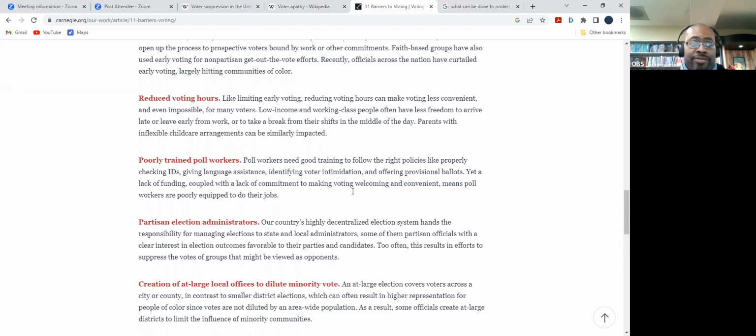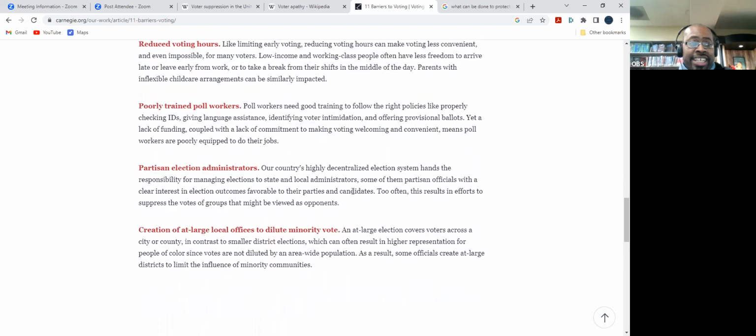Parents with inflexible child care arrangements can be simply impacted. I have not heard of any significant problems with this issue, particularly in the 2022 midterm elections. But again, in certain areas, this has been a problem.